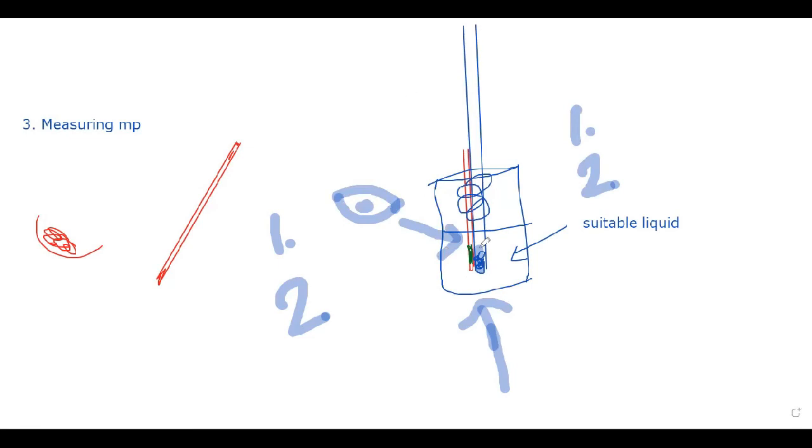Another thing is the temperature, at which temperature it melts. This is the other thing you see. Understand? When the solid melts or turns into liquid, you record the temperature. Temperature recorded, finished. Okay? And repetition is a good practice for measuring melting point.